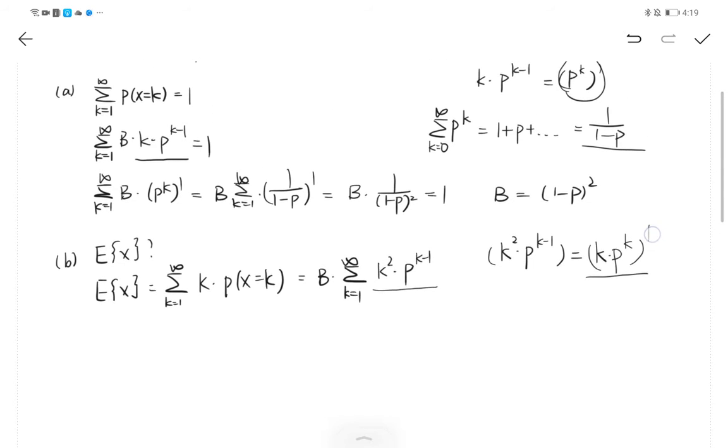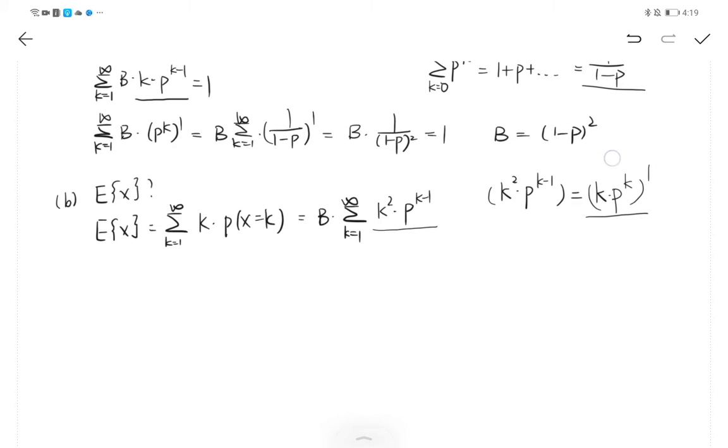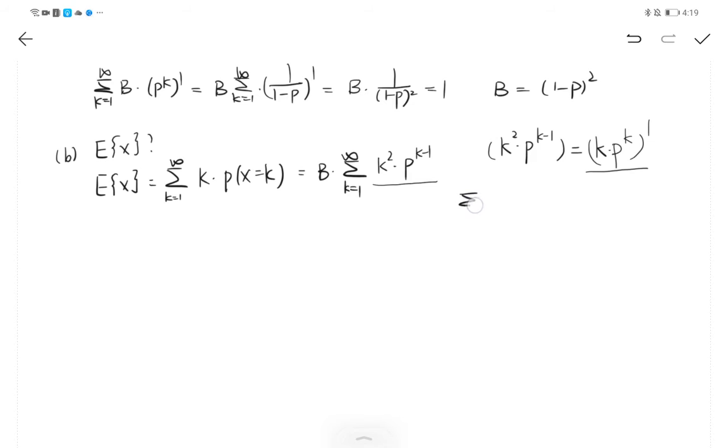And we know that from problem A, the sum of k multiply p to the power k minus 1 equals 1 over (1 minus p) to the power 2. So we can know that the sum of k multiply p to the power k equals p over (1 minus p) to the power 2, that means we multiply p on both sides.